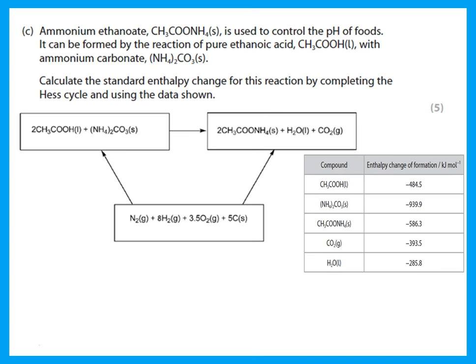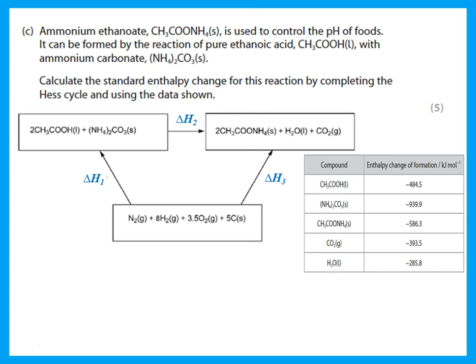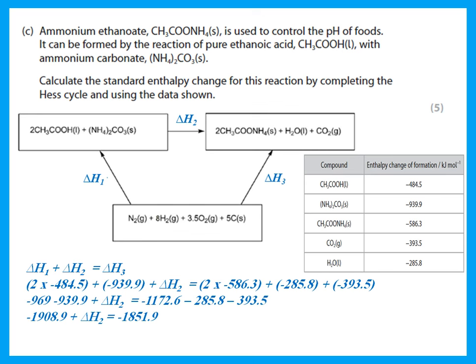So let us put all the information that he gives me. From this equation, the direction of the arrow is what? Delta H1 plus delta H2 is equal to delta H3, right? Follow the direction of the arrow. So from that, I can put in the information that he gives me. I have delta H1.